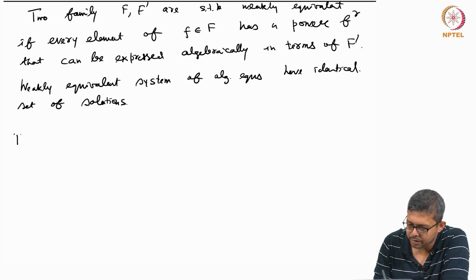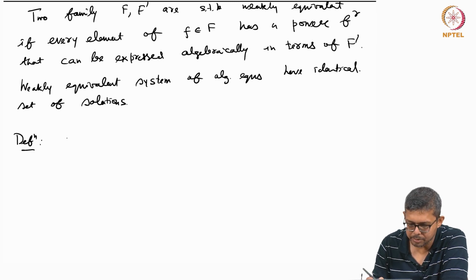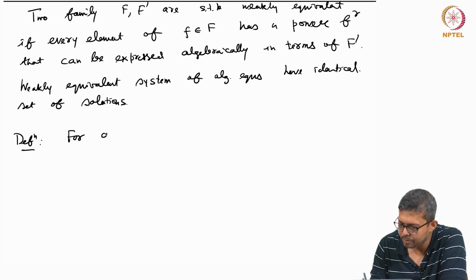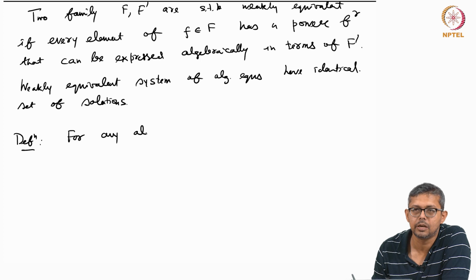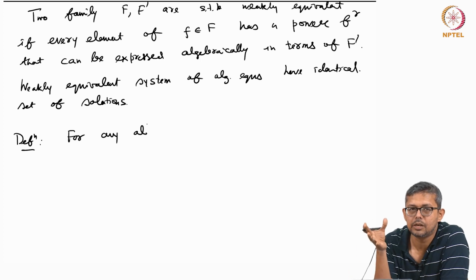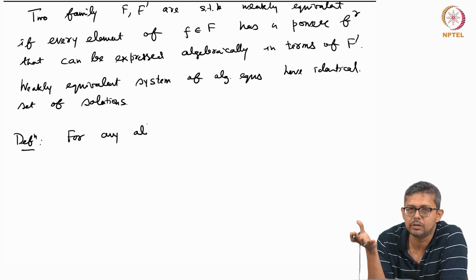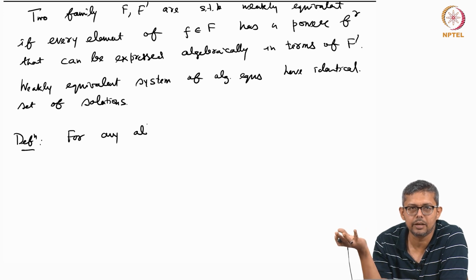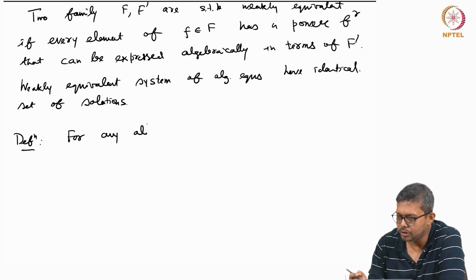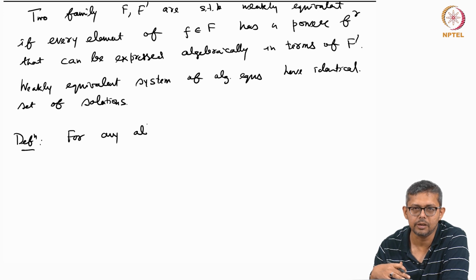So I define the ideal of an algebraic subset. When we defined an algebraic subset, we defined it as a zero set of some system of equations. That system of equations need not be an ideal or anything, it was just a subset. But now to do commutative algebra, you need to bring in ideals. So now you start with any algebraic subset and I want to go to an ideal.